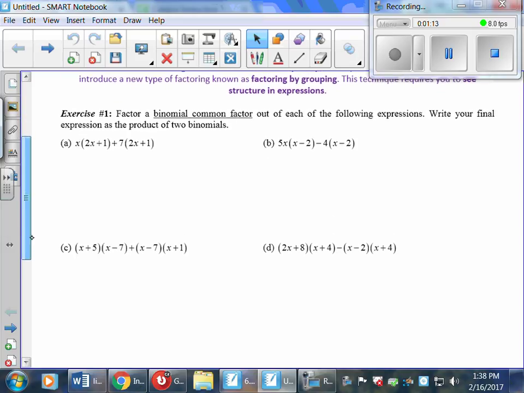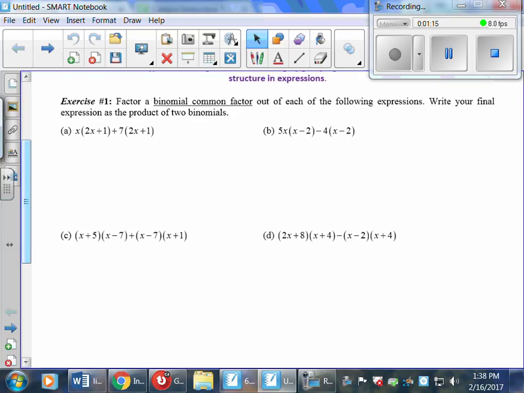If we take a look at A, you can see how you have 2x plus 1, and this is a little different because we're used to having factors being just numbers as GCFs, but in this case, if I factor out a 2x plus 1, I can put my 2x plus 1 out front, and remember what that means. It means we're going to factor out that 2x plus 1 out of each one. And then what are we left with? We're left with x plus 7. Kind of cool, right?